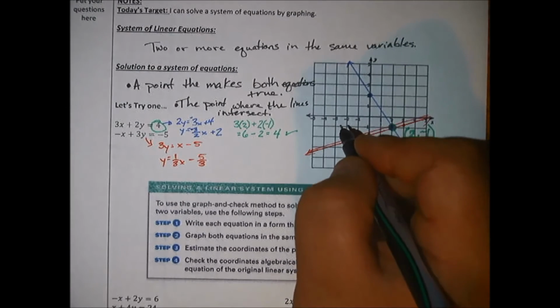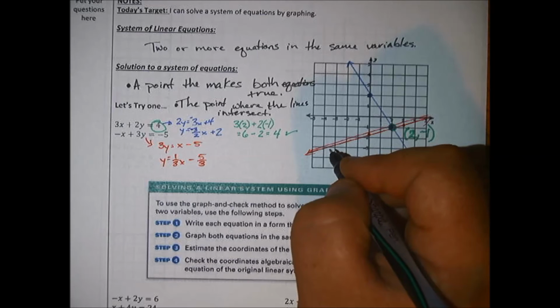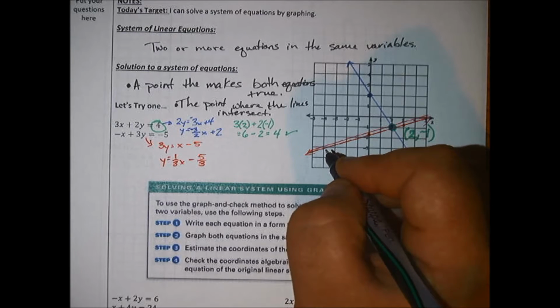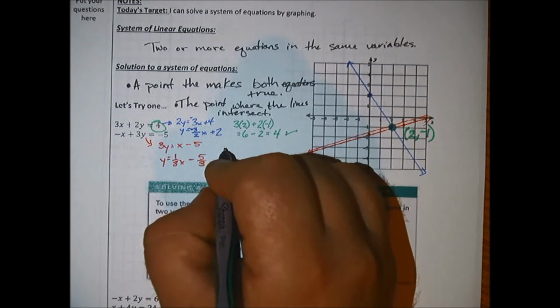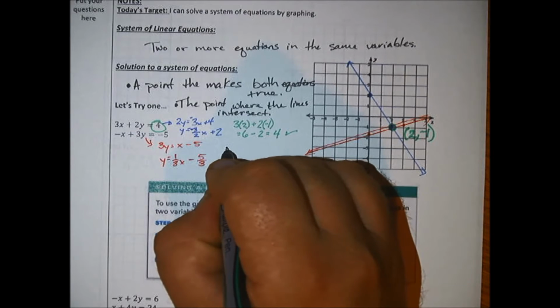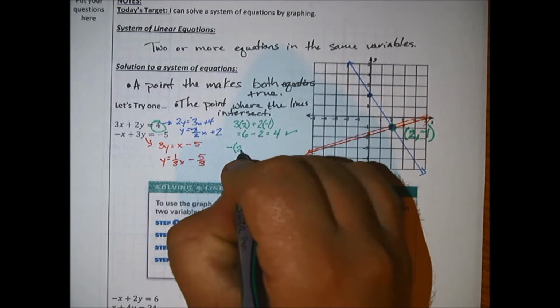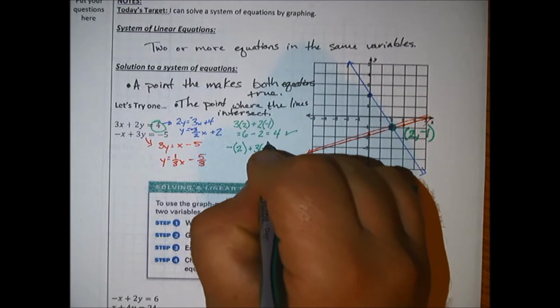Now, if (2, -1) is the actual answer, it will make the other equation true as well. It'll make the red line true as well. So let's check that. Let's use the original equation, not the one that I messed around with. So we have negative 2 plus 3 times negative 1.